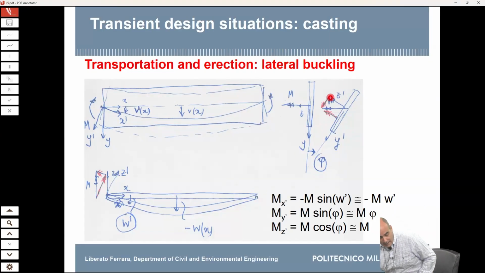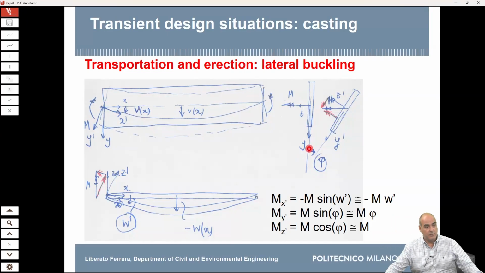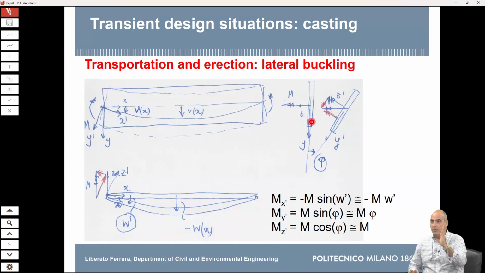And then if you look at the cross-section, the cross-section is rotating. So you start from a straight configuration, and then your cross-section has to be like this because it has at the same time to deflect downward and to deflect outward.